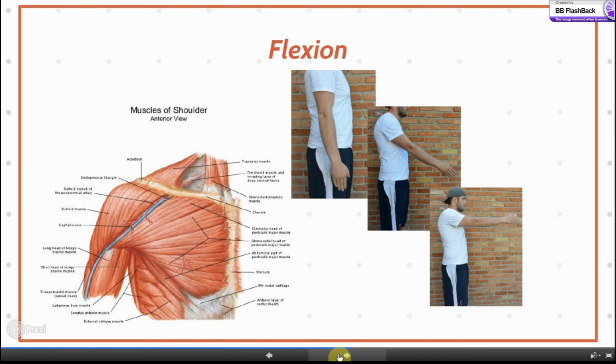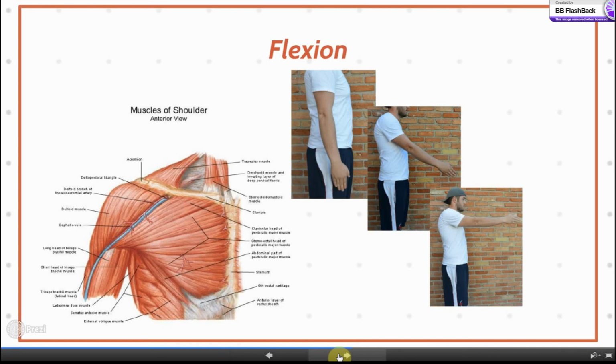As a side note, the muscles involved change slightly as the arm undergoes flexion above horizontal. For this reason, we will only list the muscles that are involved in flexion up to horizontal. These muscles are the anterior deltoid, the pectoralis major, the coracobrachialis, and the biceps brachii. Those muscles do the shoulder joint flexion.